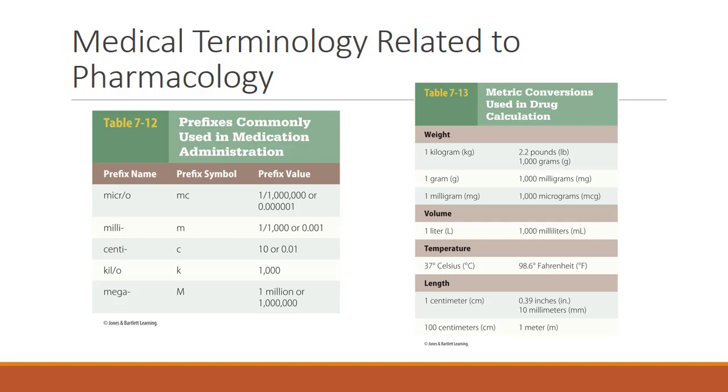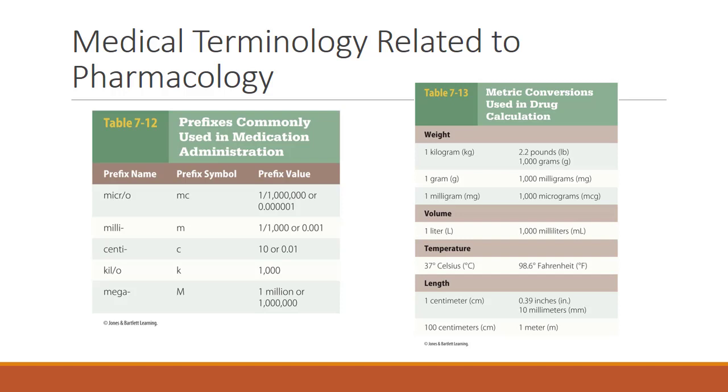So 1 gram is the unit of measure. A kilogram, which is on the top line, is 1,000 grams. It's 1,000 of something. So again, looking at the prefixes we just went through, a kilogram is 1,000 grams, or its conversion is about 2.2 pounds. That's going to be an important conversion that you learn.